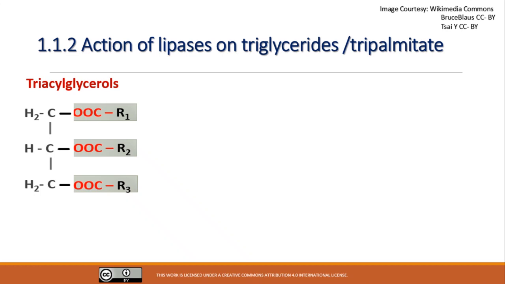That is, they are absent in bacteria, but you can find triglycerides in human beings, in animals, in plants, as well as in every eukaryotic cell as a reserve material. Let's today discuss about these triglycerides as well as the action of lipases in this video.